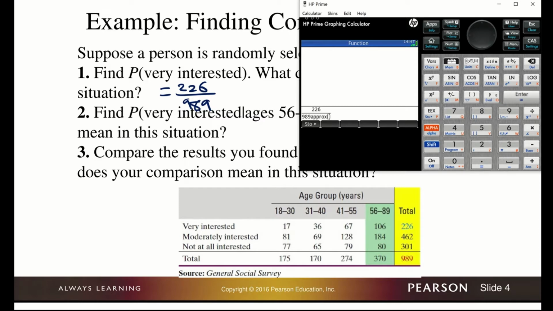All right, my calculator is not cooperating. Okay, now it is. So 226 divided by 989, and we end up with approximately 0.229, if we just go to three places.